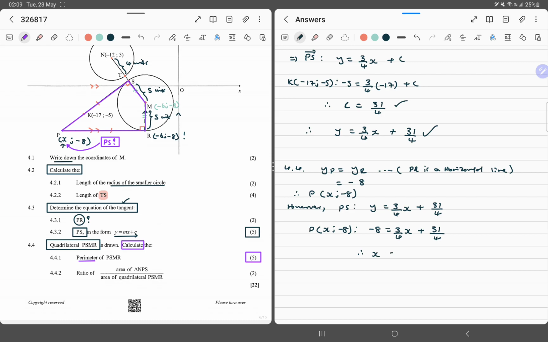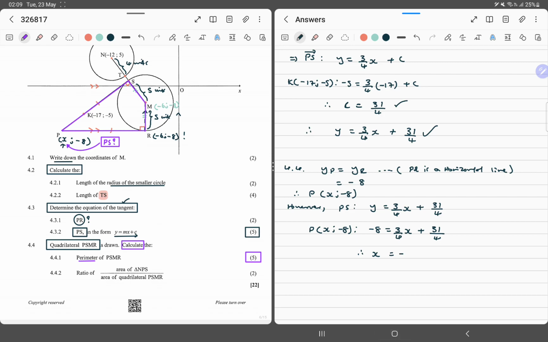Therefore, x is going to be equal to, all we simply do here is say -8 minus 31 over 4, that we divide by 3 over 4. That gives us -21.